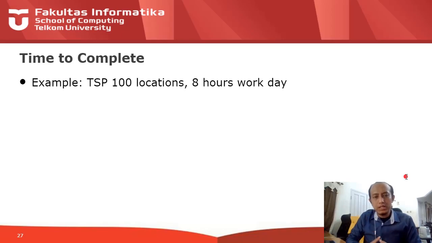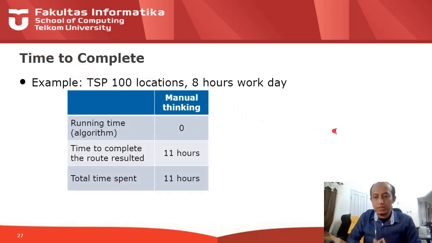Why would we need a genetic algorithm if we have other approaches? Let's compare it for a traveling salesman problem. First, if we do it by manual thinking, we don't need an algorithm. But when trying to do it by ourselves, we need a total of 11 hours.